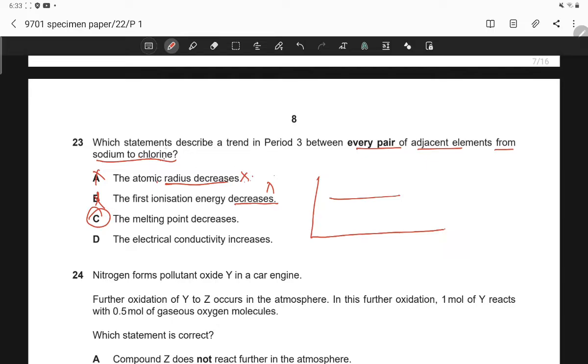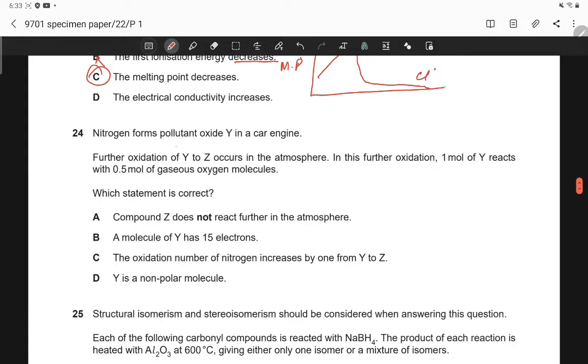Chlorine is a gas, so the melting point is decreased at the end of the period. This is the chlorine melting point.